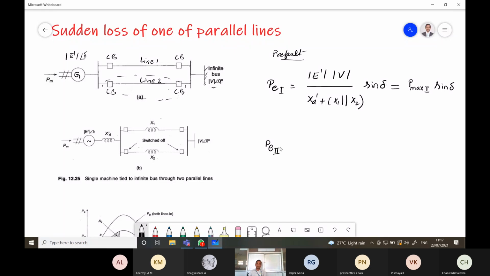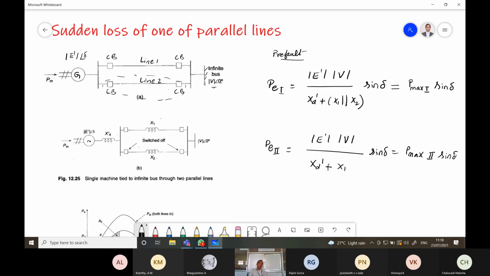This is PE1, and PE2 can be written as E dash V divided by Xd dash plus X1, since X2 is not present now and only X1 is there, in series with Xd dash, times sine delta. This is given by P max 2 sine delta.